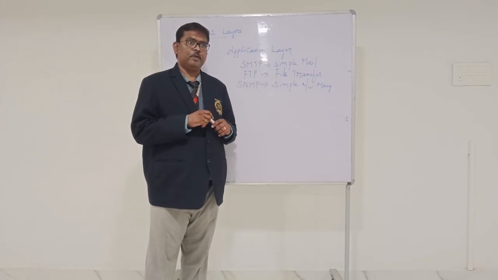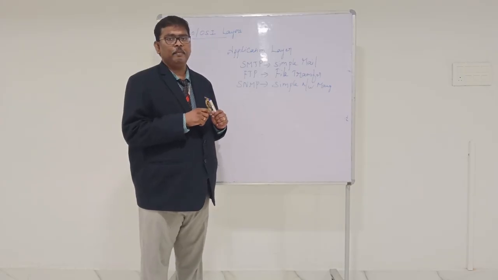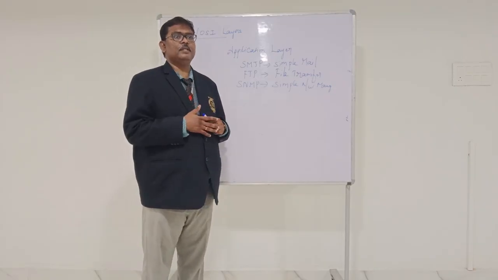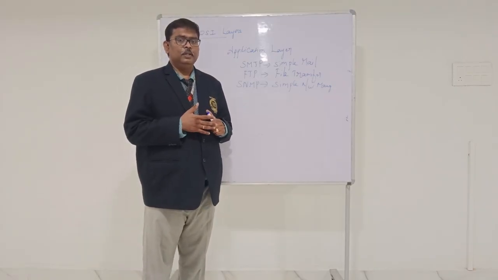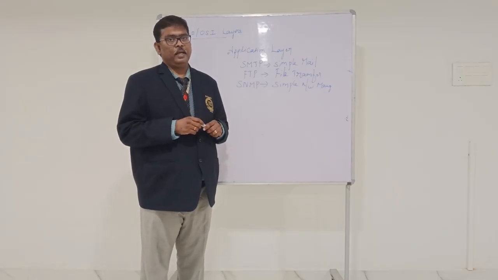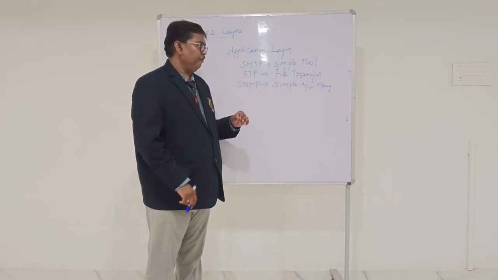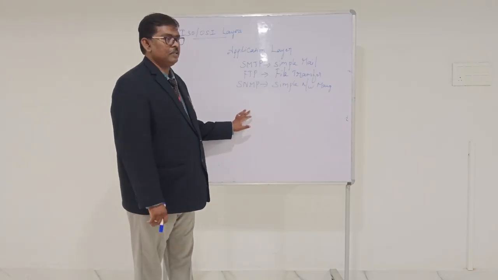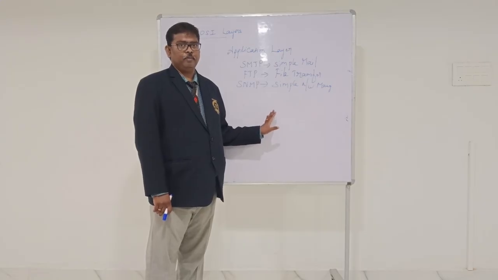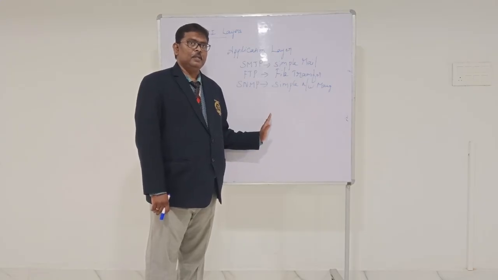In the Behrouz Forouzan book, the layers are explained with clear depictions of pictures. I learned all this information through this book. It's very simple English, people can read it and understand it. So my recommendation is that you follow the Data Communication book by Behrouz Forouzan for these topics.